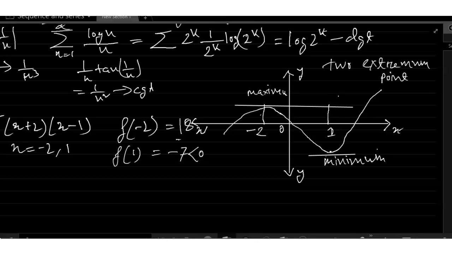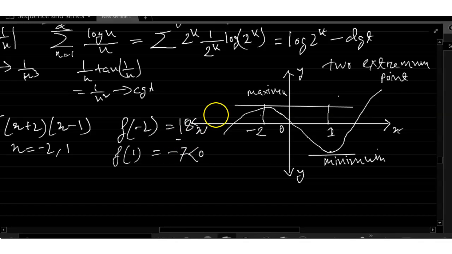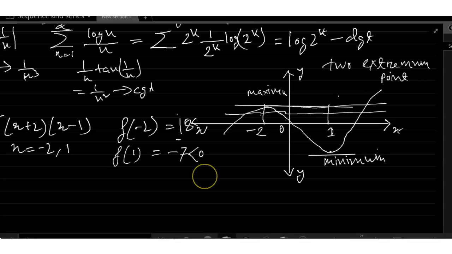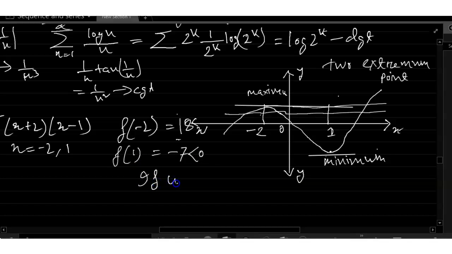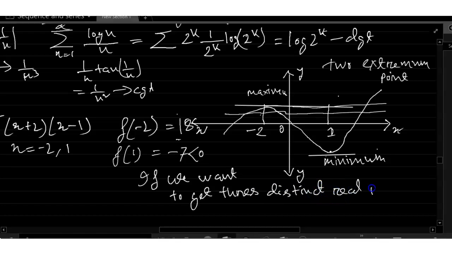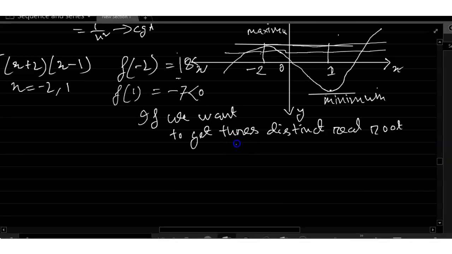So k is always positive. Whatever we see, if we want to get three distinct real roots, that is possible when k is less than 18.